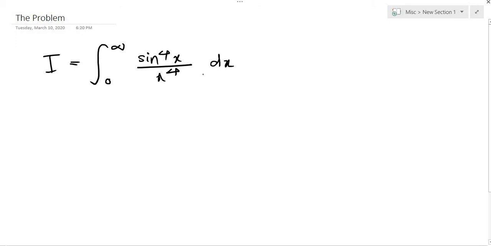But the sad part now is that we don't have any such trigonometric identities that we can use, but we still want to reduce the power of the denominator, right? So like my last video, I would like to integrate the denominator. So naturally I will have to differentiate the numerator without splitting it into simpler parts like we did for the sine cubed. We use the triple angle formula. Here we can't do such a thing.